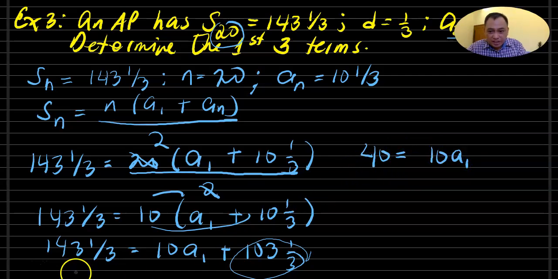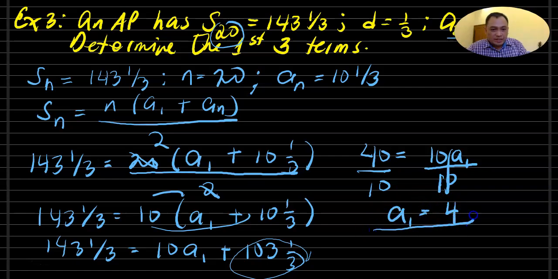How did I get 40? This is going to be minus 103. Okay, so 103. So 40. Then what will I do next? I'm going now to finalize it. Divided by 10, cancel that out. So A1 is equal to 4.